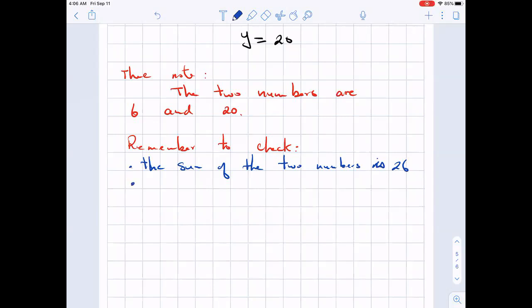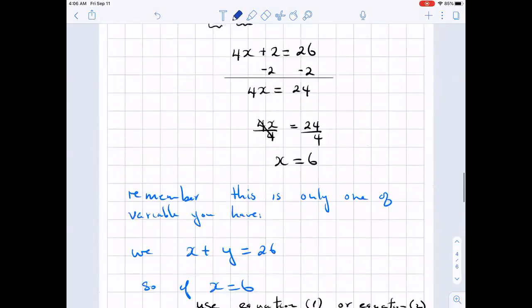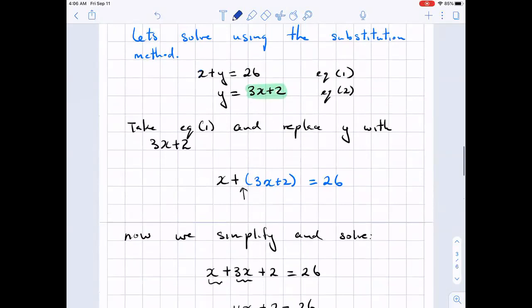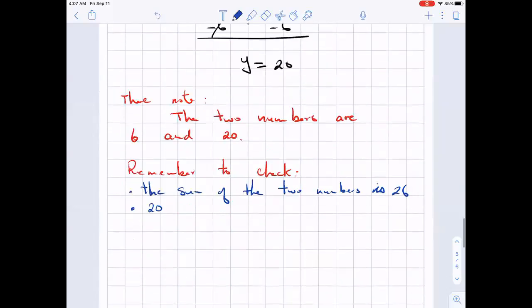And 20, because we had said y in our second equation. If you look back at the second equation, we had said y is equal to 3x plus 2. So we said the value of y is 20.